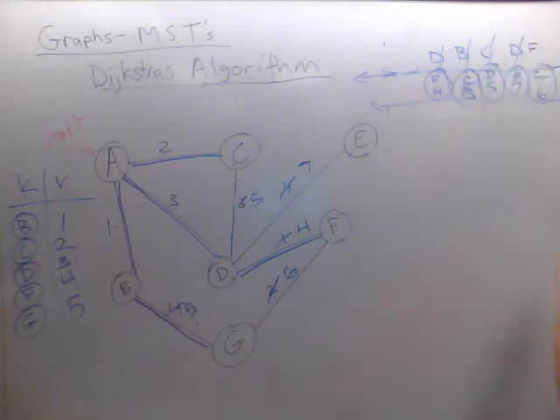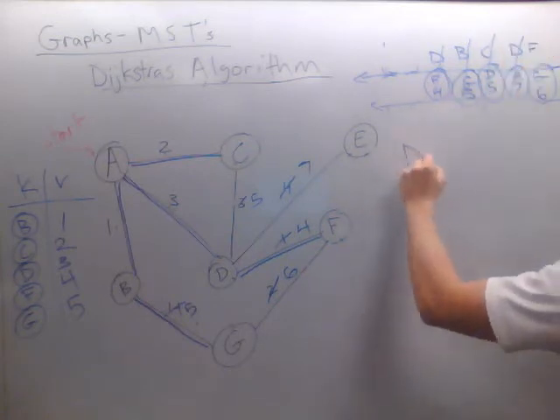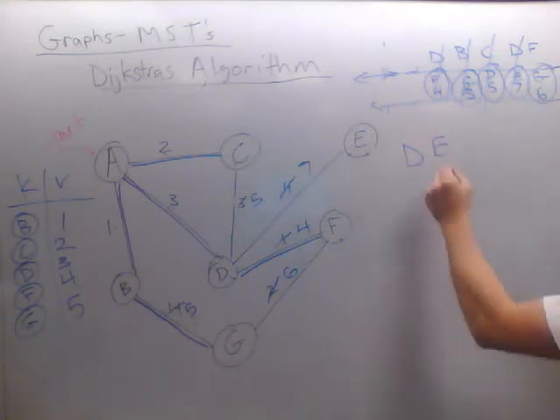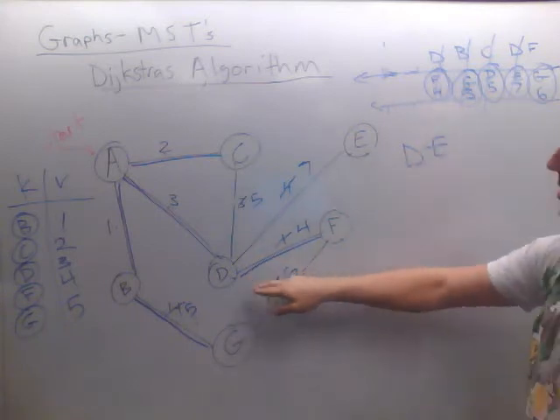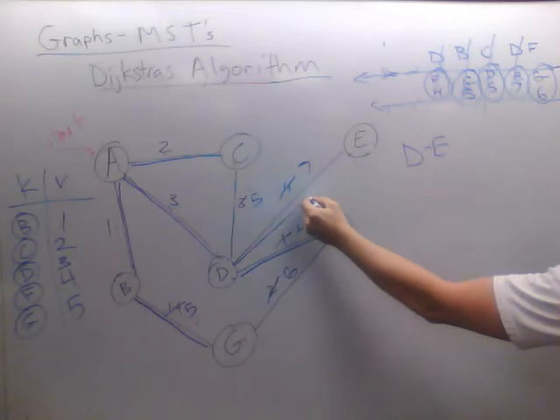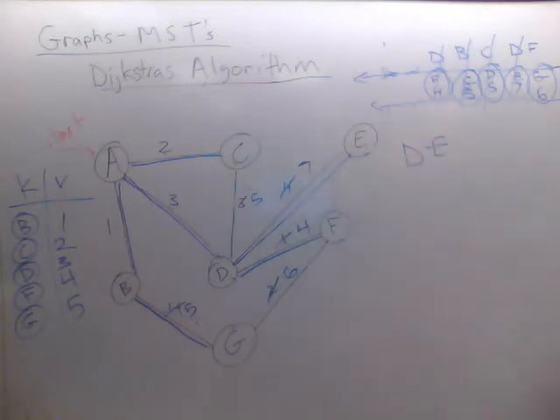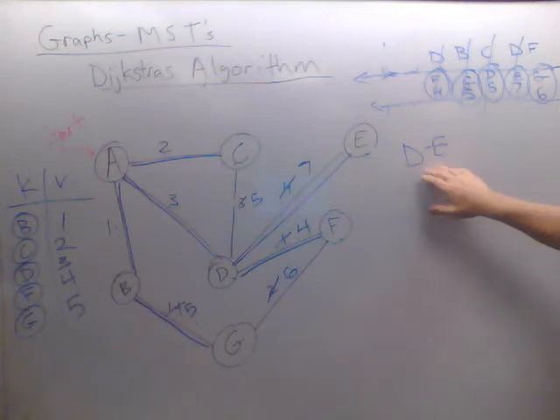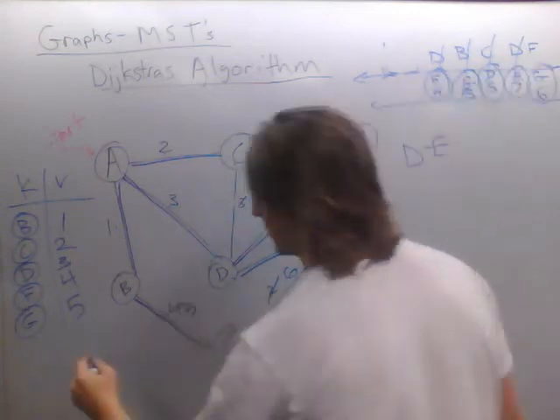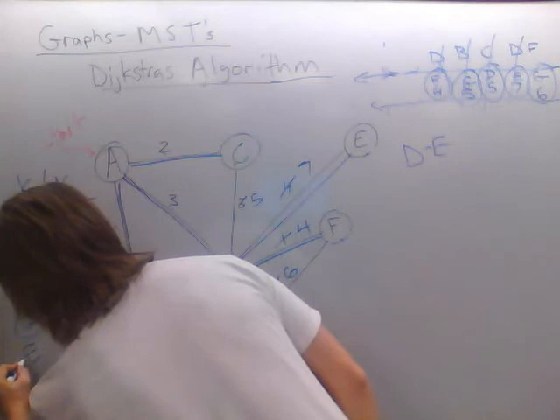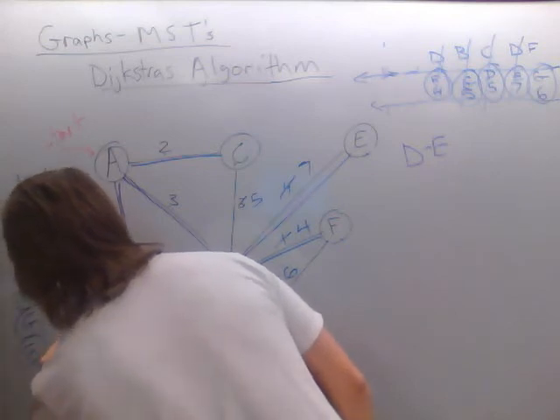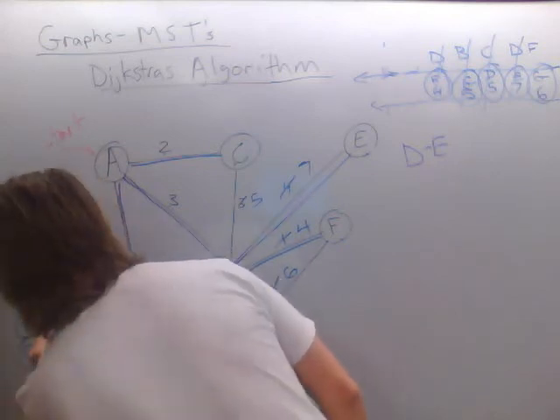Next edge is D to E. So from D to E, I'm adding this edge here. The first thing I have to do is put it inside the hash table. So E, that was weight 7.